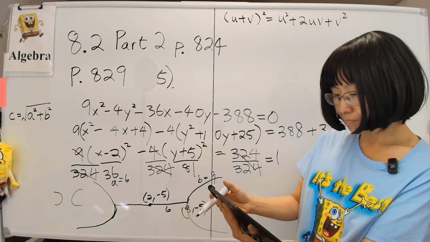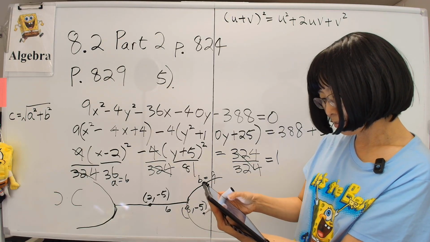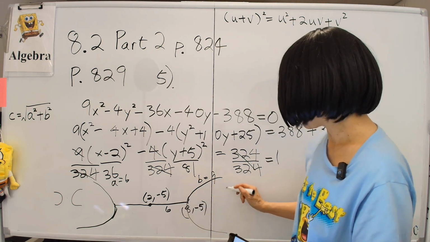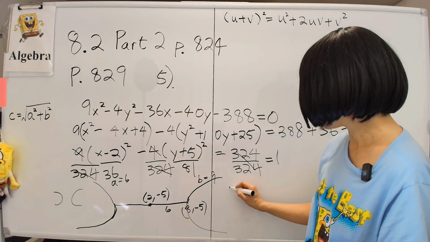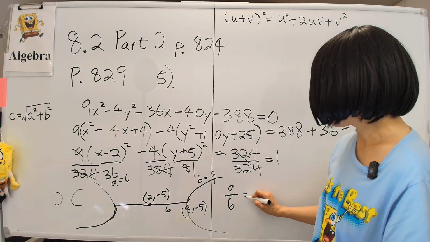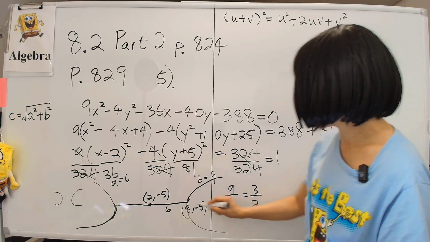We also should probably do the asymptote, which has a slope of b over a. So b is 9, so the slope is 9 over 6, and that is equal to 3 over 2, which is fairly steep.